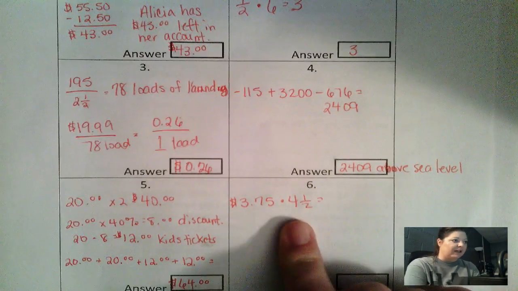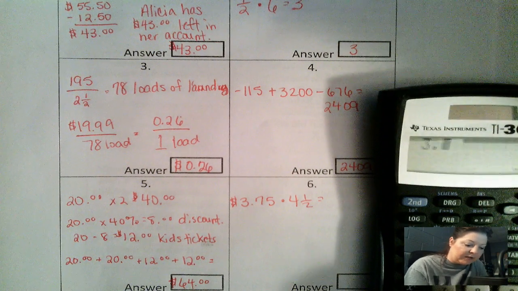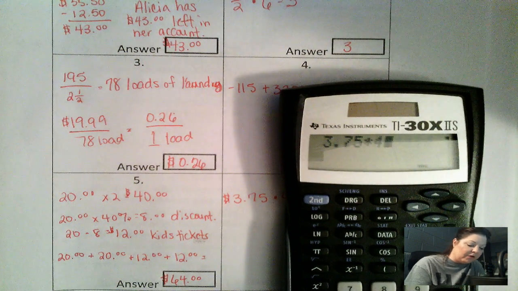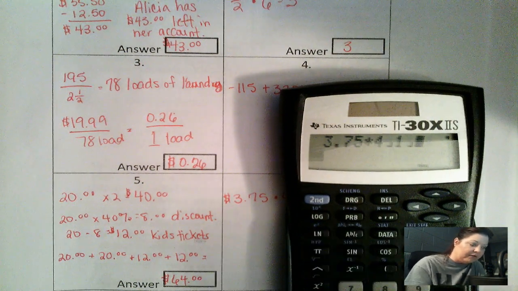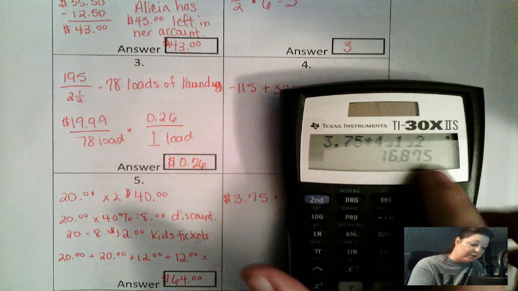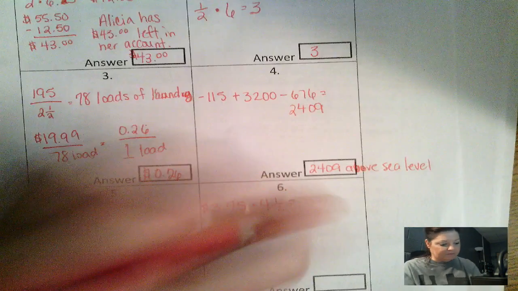So $3.75 times 4.5 is $16, and it looks like we need to round, so $16.88.